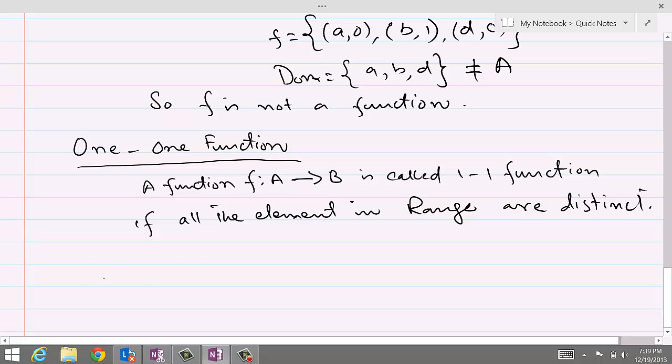And onto functions. Onto function is another kind of function.